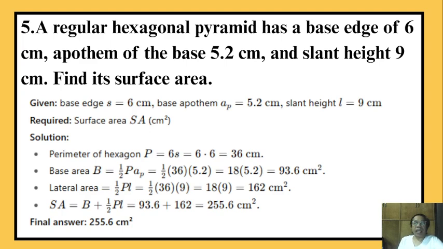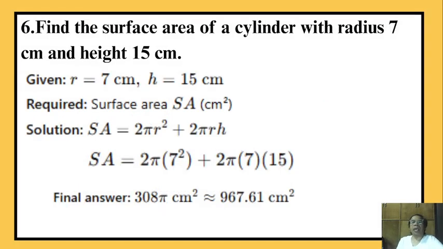There are 6 triangles there in our hexagon, plus 1 half times PL. Substituting the computed data, the answer is 255.6 centimeters squared.